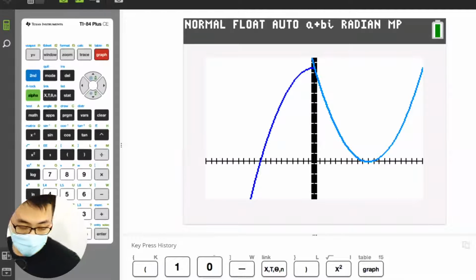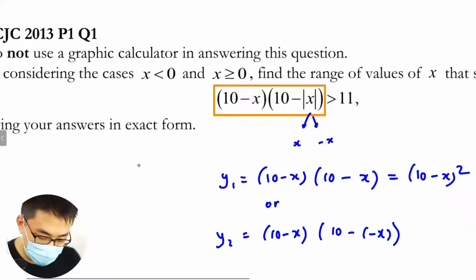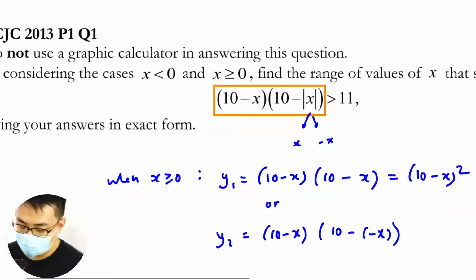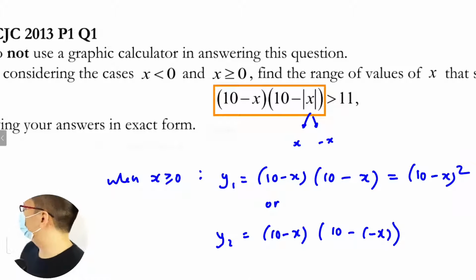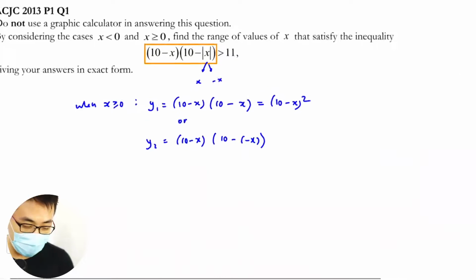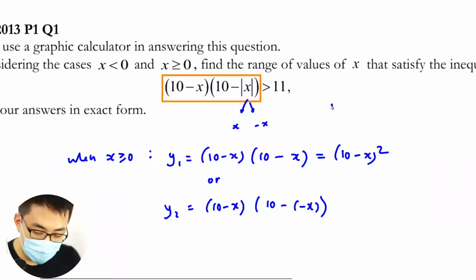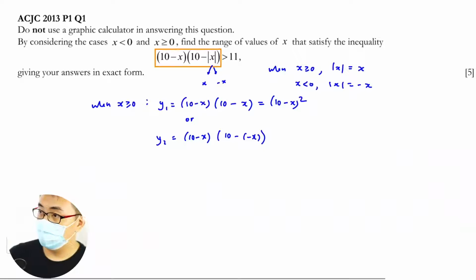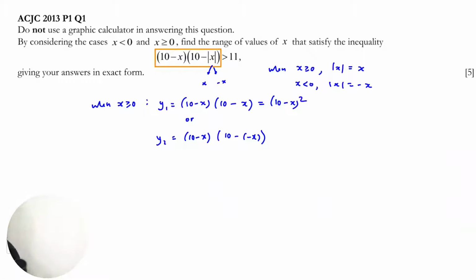So meaning to say, when x is bigger or equal to 0, your y equation will become this one. Which is true because the modulus graph is defined as: when x is bigger than 0, mod x is equal to x. When x is less than 0, mod x is equal to negative x. That is the definition of the modulus graph.